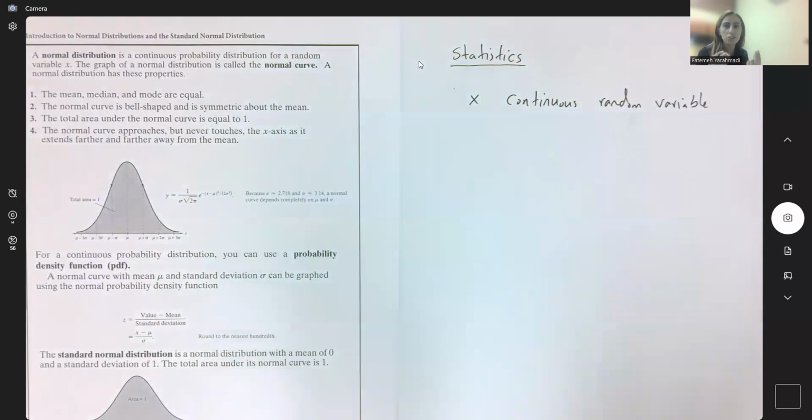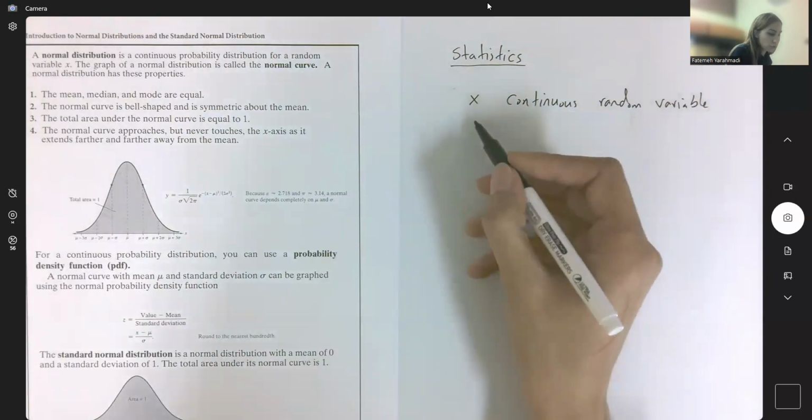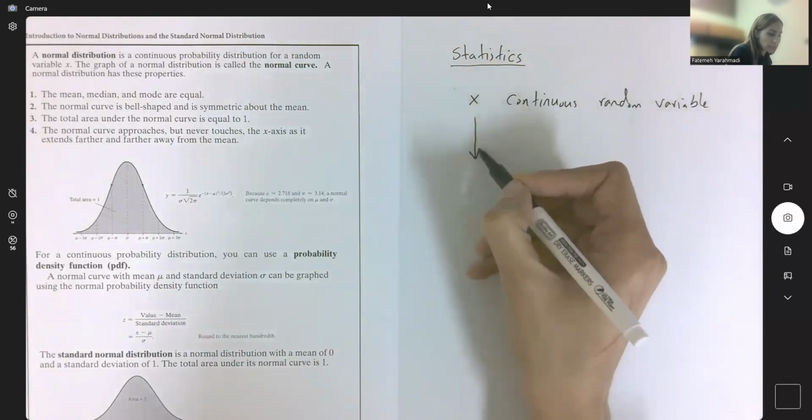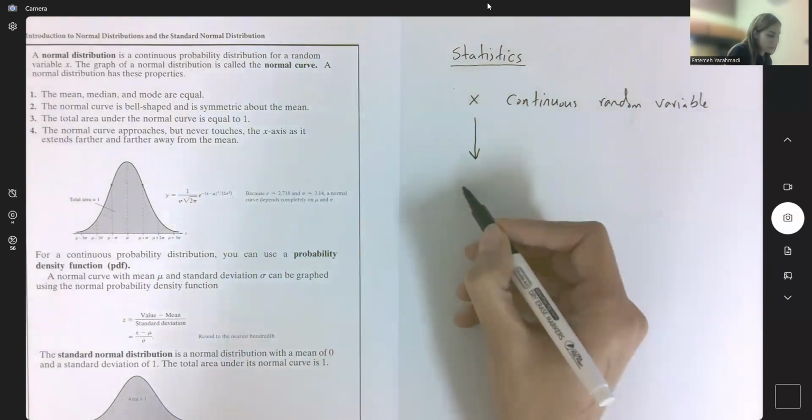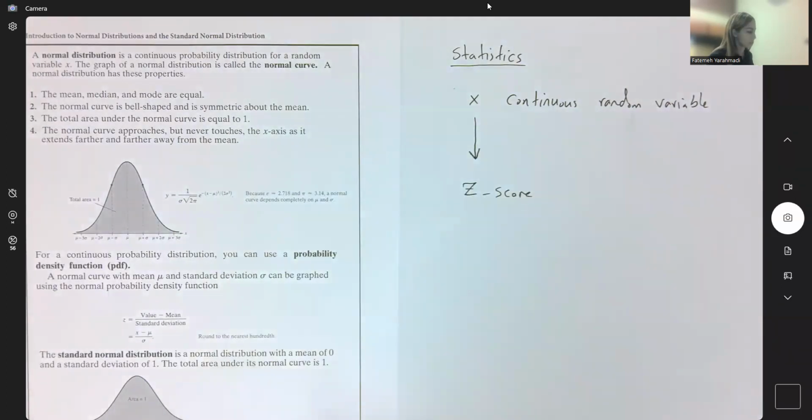For confidentiality's sake, as a statistician, as a data scientist, you might not be interested in giving away these data to the public. So what are you going to do? You're going to convert these into z-scores.